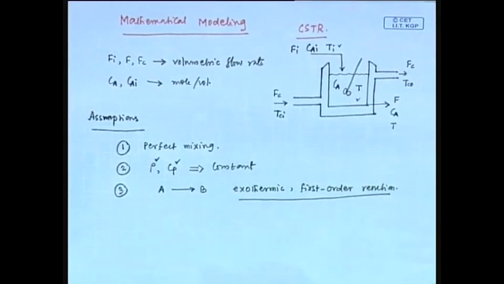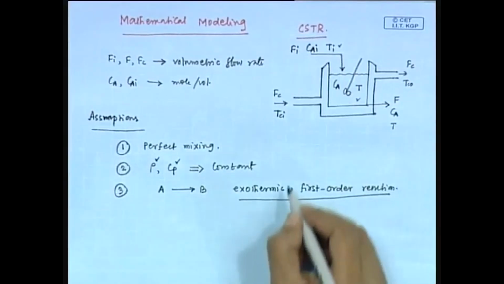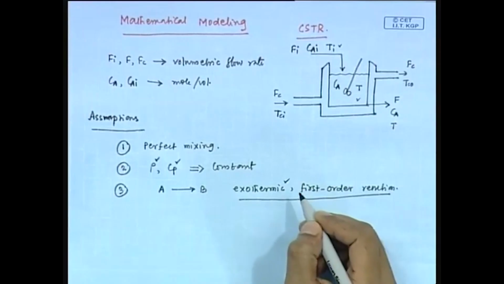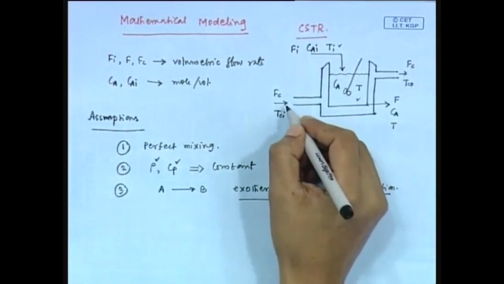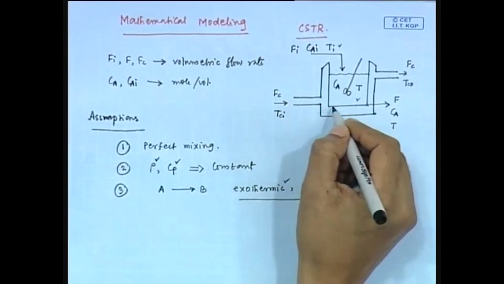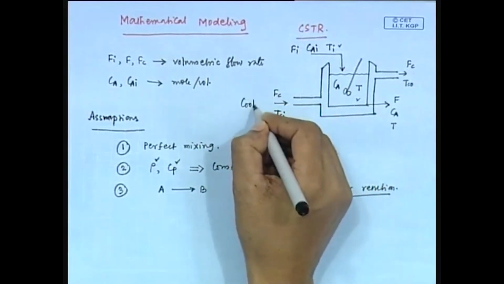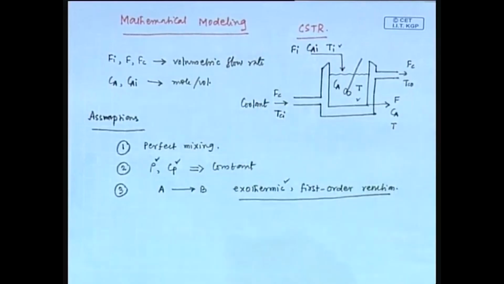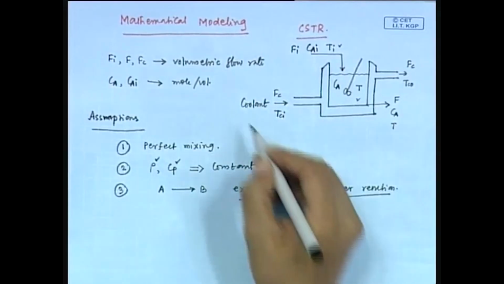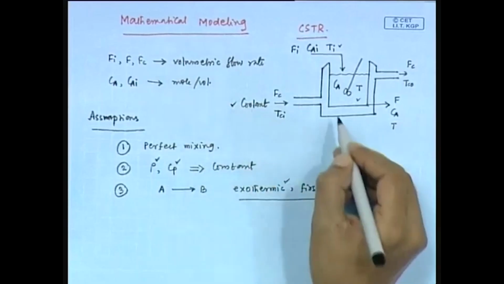To remove this exothermic heat, a coolant stream is introduced in this jacket. This is the coolant stream. To remove the exothermic heat, a coolant stream is introduced in the jacket.